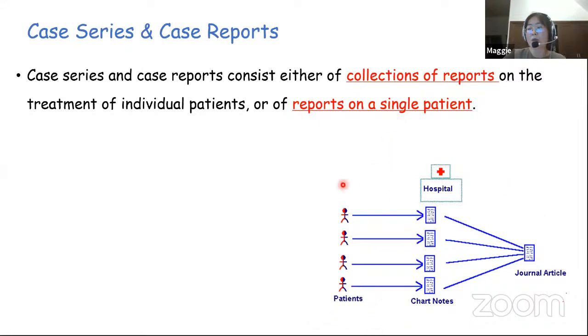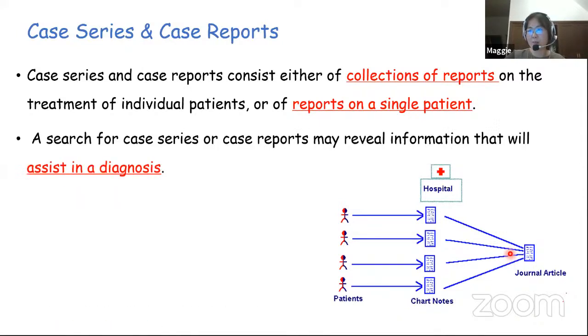When the patients with some kind of disease go to the hospital, the doctors can take the chart notes, and if they find interesting cases, then they can submit to the journal for the case reports or case series. So what's the difference between the case series and case report?